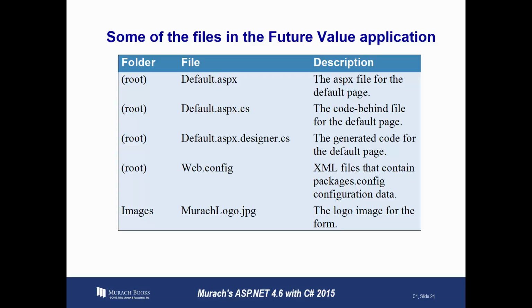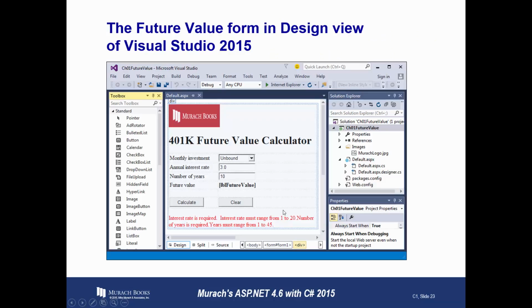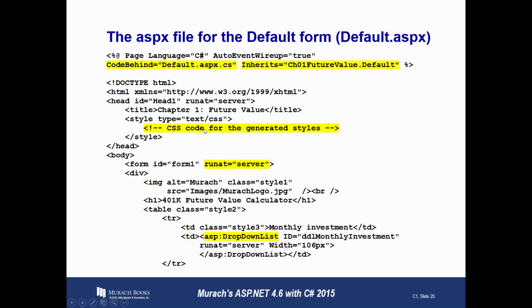Web.config, which is an XML or extensible markup language file that contains package and other information, and in this case also a JPEG file in our images folder. These first four were in our root folder. We'll talk about what all this means as we go on, but this is going to be the logo image for the form, and that's this right here, your books.